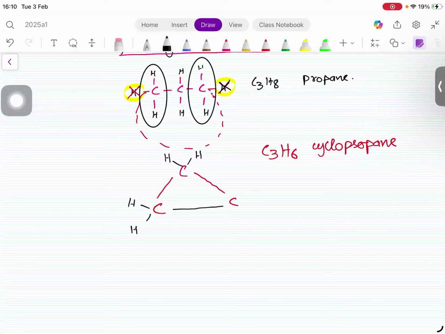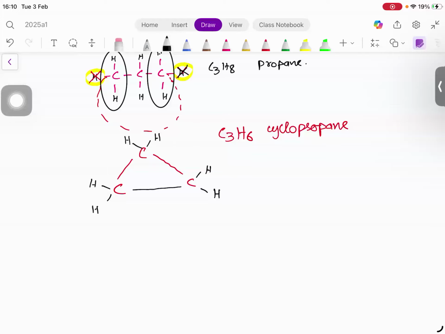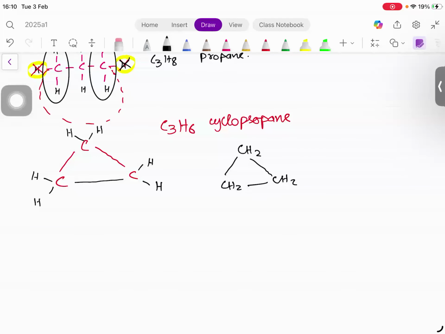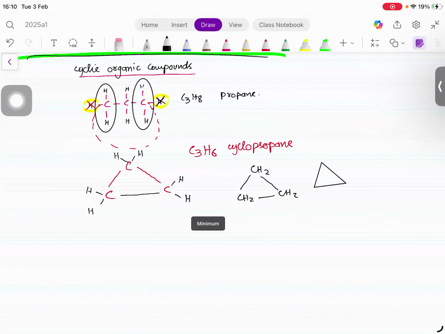There is a catalyst and there are conditions for that, which at this moment we are not going to discuss. So this is CH2, CH2, and CH2, and you can write it like this. And as many carbons as there are, that will be the geometric shape. For example, 3 carbons have what geometric shape? Triangle. So if you draw it in skeletal form, it looks like this. And this is known as cyclopropane.